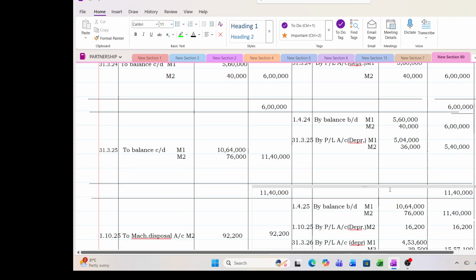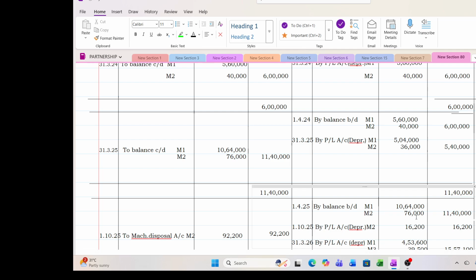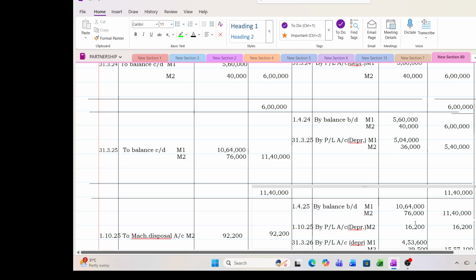So the total comes to 11 lakh 40,000, that is carried on 31/3/25. And it has become the opening balance on 1/4/25: 10 lakh 64,000 for M1 and 76,000 for M2. When you break up like this, it will become very, very easy when you are disposing of the particular machinery.